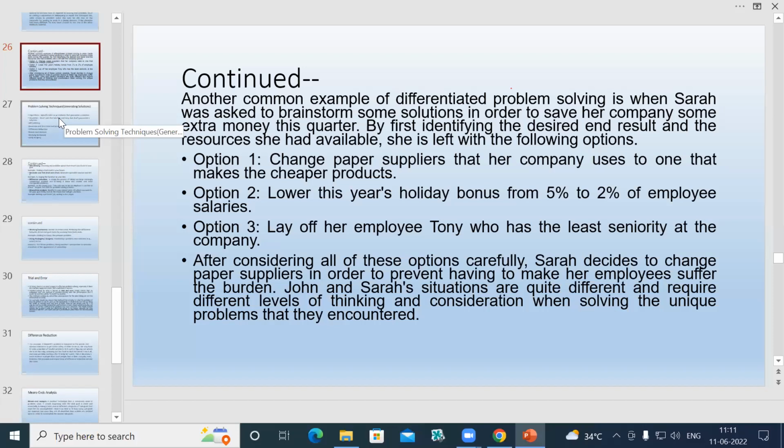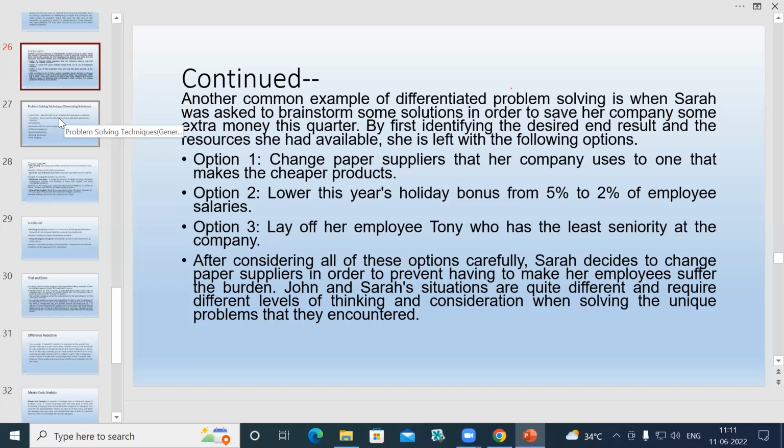First option, change the paper supplier that her company uses to one that makes cheaper products. Second option, lower this year's holiday bonus from 5% to 2% of employee salaries. Third option, lay off her employee Tony, who has the least seniority at the company.